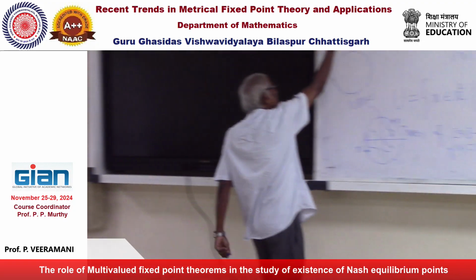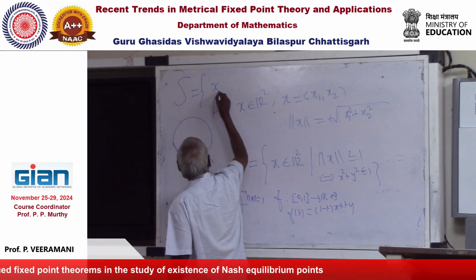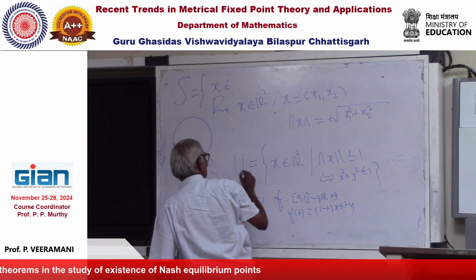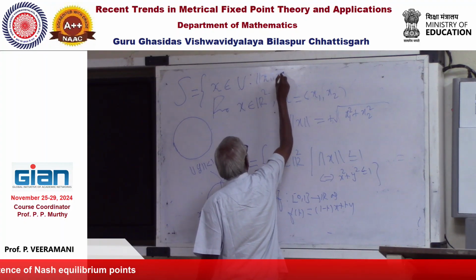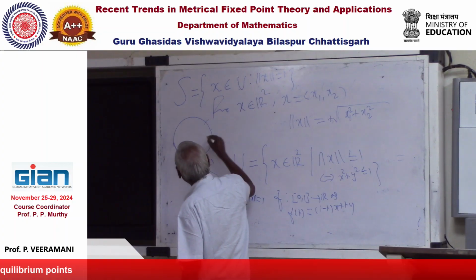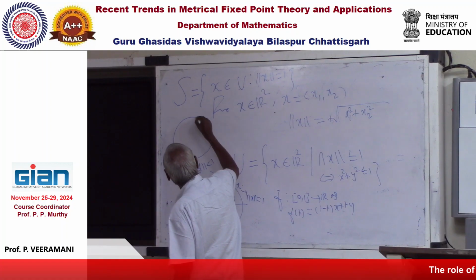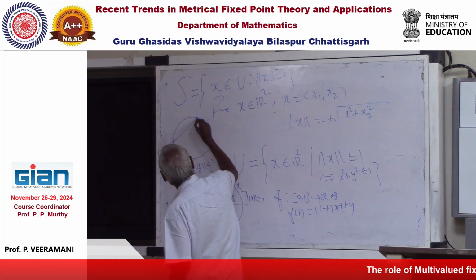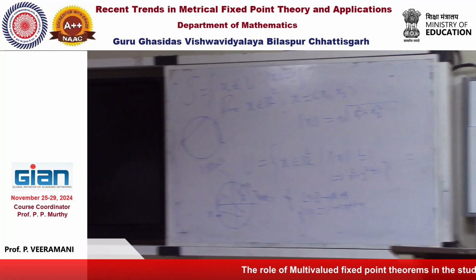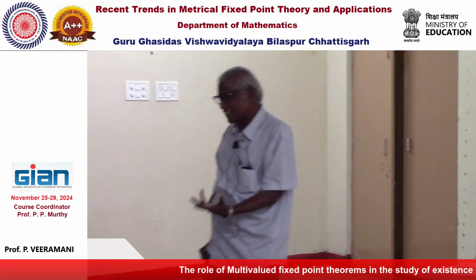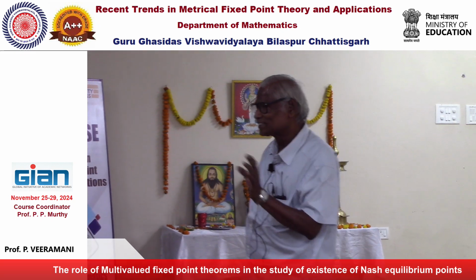We call this set of all x belonging to U, now only the boundary. If you take any 2 points, we cannot join them by a line segment. Here one point, here another, the line segment will not be there. It is not a convex set. Is it a connected set? Yes. Continuous. Why is it connected?